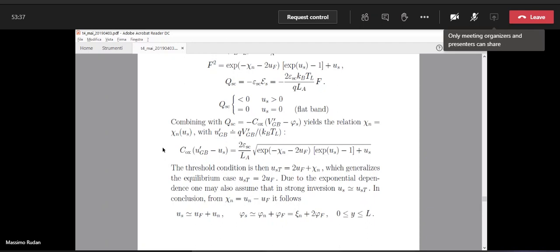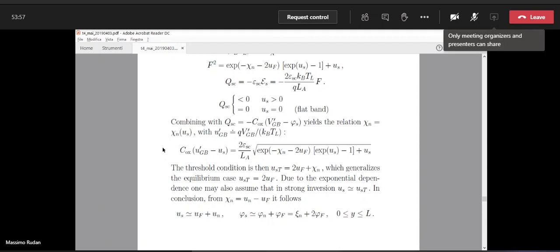So it is possible from this relation to extract US, but it is not actually necessary. Let's just investigate the behavior of this formula.